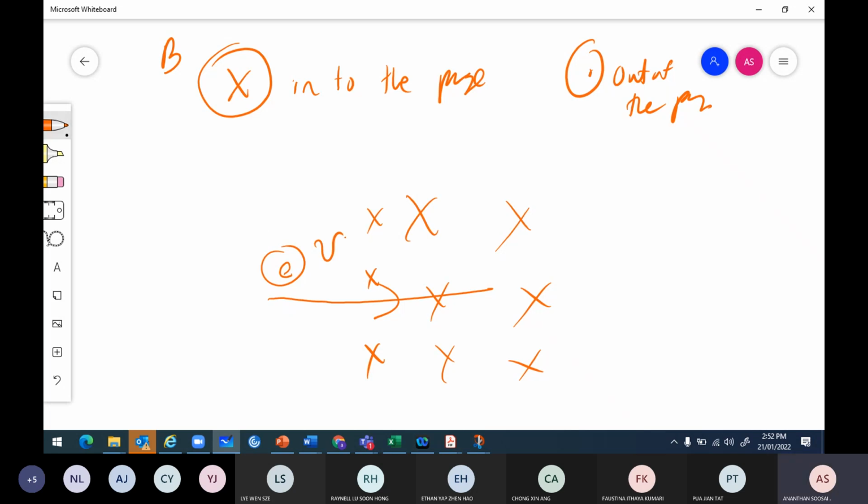Is it 1, upwards? 2, down? Or 3, out of the page? Or 4, into the page? Which one? Use Fleming's left-hand rule. An electron moving. You can WhatsApp me: 1, 2, 3, 4.